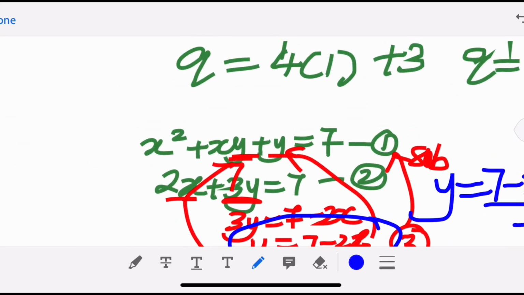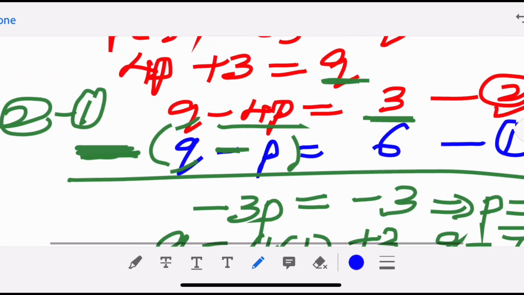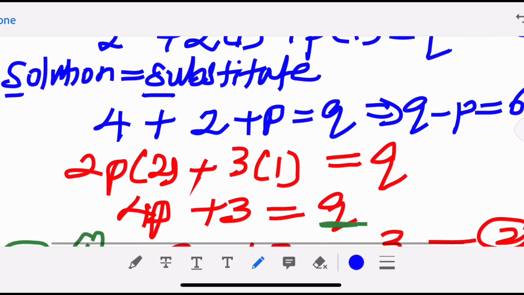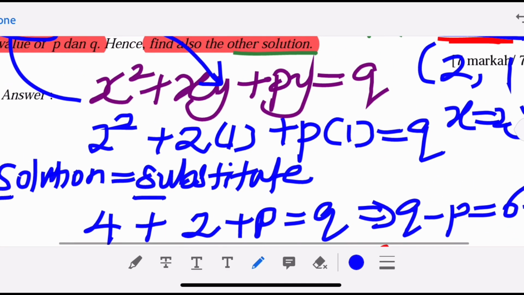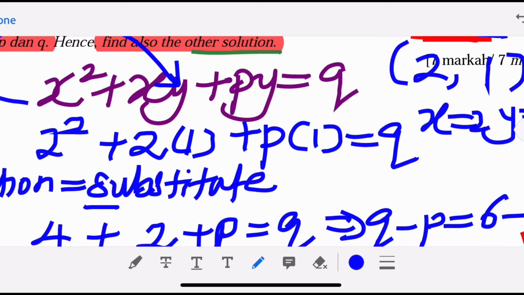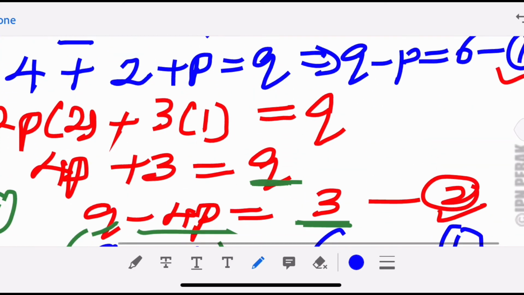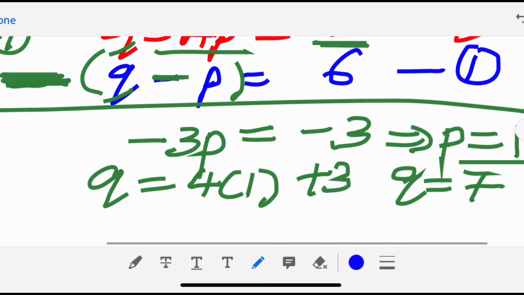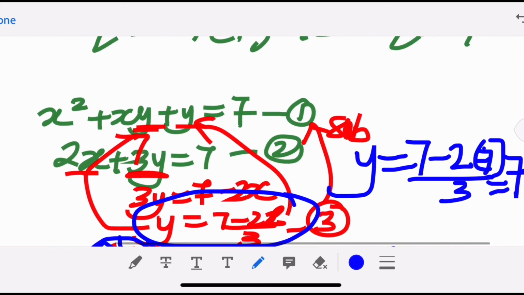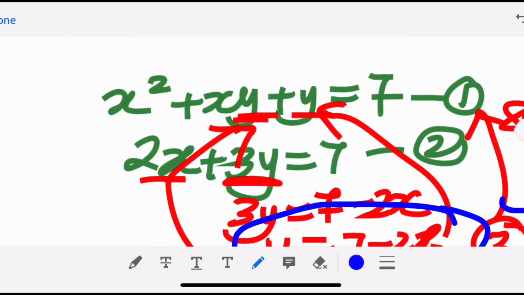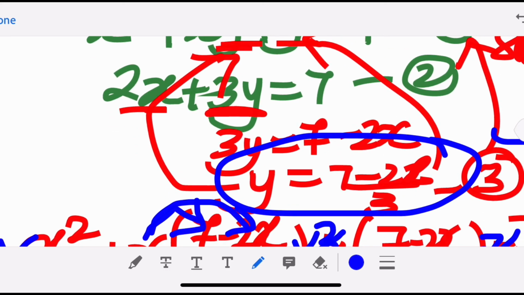So remember, you have to solve your p and q first by using the solution given in 1. After that, you solve the simultaneous equation for p and q. Once you have p and q, you have to solve your nonlinear and linear equation.